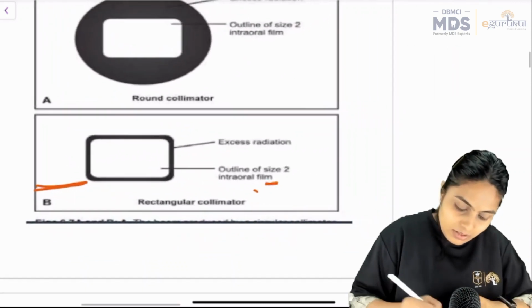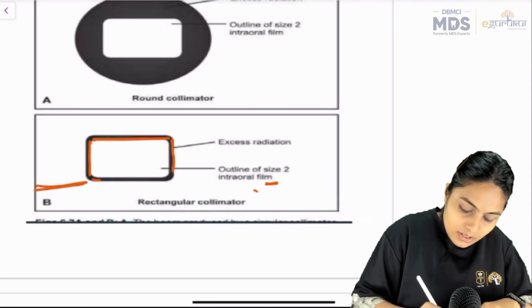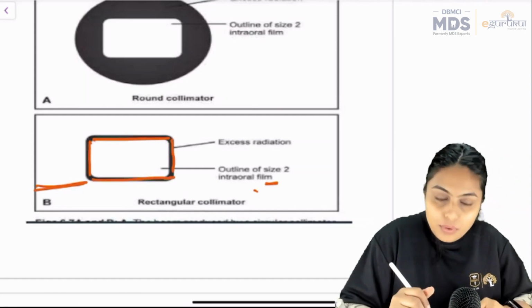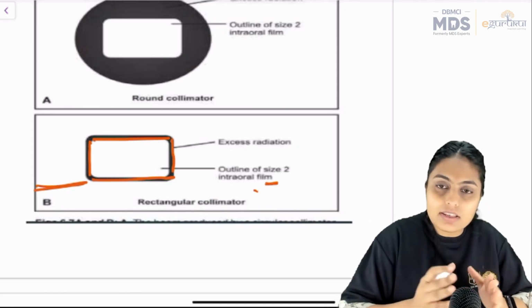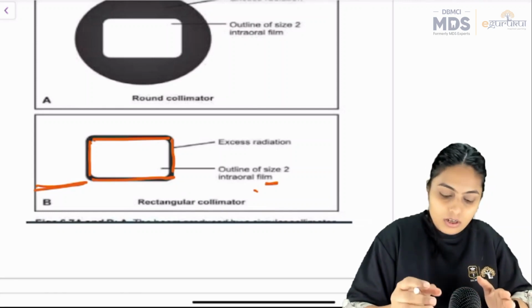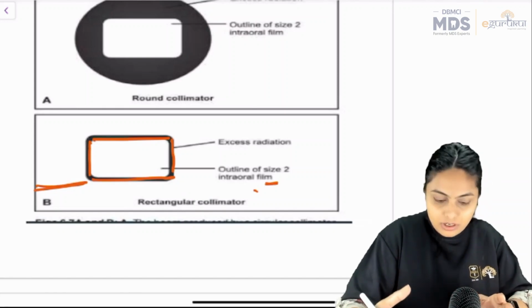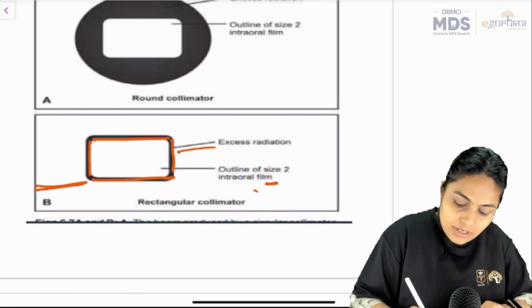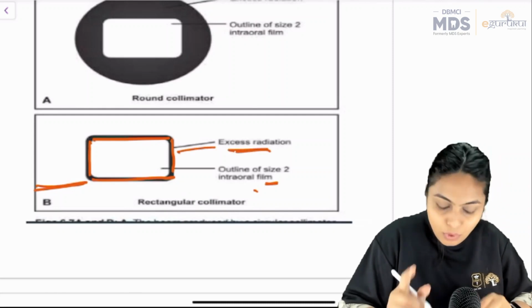So it almost covers the entire film, and the scattered radiation or excess exposure is not coming to the patient. Excess radiation is getting restricted by using rectangular collimation.